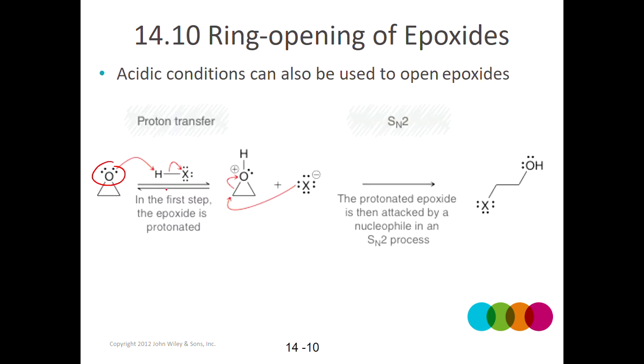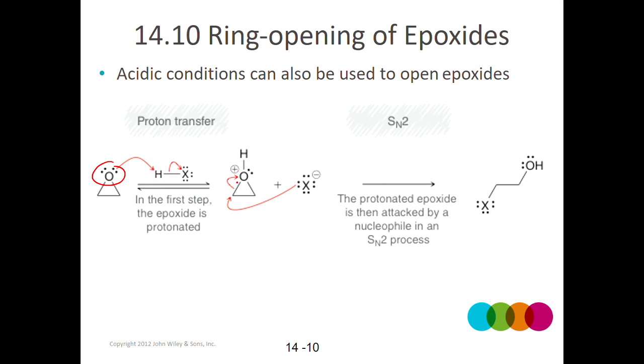If you have an acid present, like HCl, HBr, HI, and the conjugate base of the acid is going to be your nucleophile, well, you don't really have the strong nucleophile until the oxygen picks up a proton. Once the epoxide is protonated, the oxygen becomes way more electronegative. It's already the second most electronegative atom.